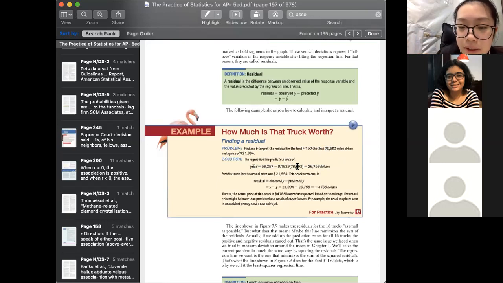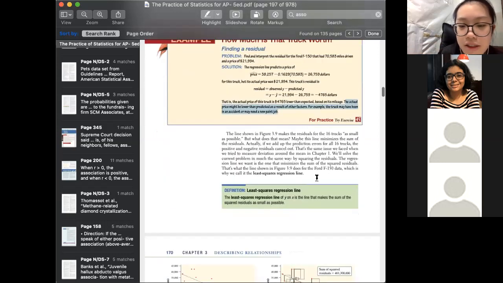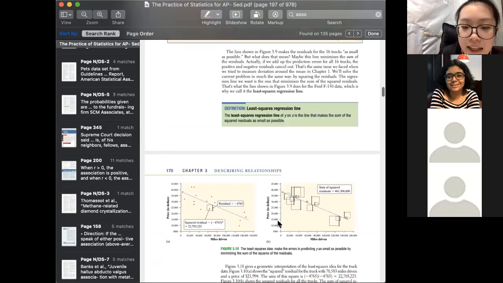You plug this in as x, and the price you get here is our predicted value, and the residue is just our real y, the observed y, minus the predicted y. The description is just that something is higher or lower than expected, and you need to state the unit. This sentence is not necessary to state all the time. It just depends on what it's asking.